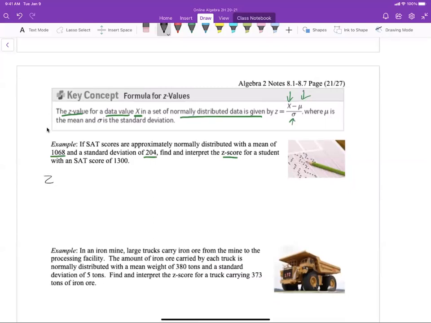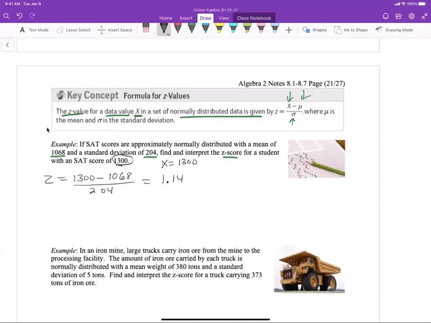So there's my x value. x in this case is 1300. That is the value that we're being asked for. And 1300 minus the mean, which in this situation was 1068, divided by the standard deviation, 204. And if you plug that into your calculator, you will get the value of 1.14.